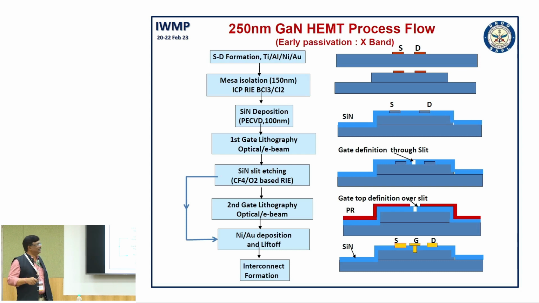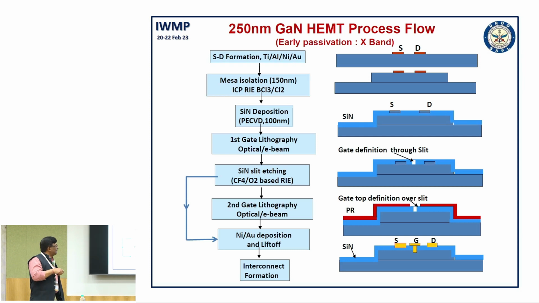So, we do passivation early and then define the gate through electron beam lithography, and we are calling it a slit, and then etching the slit gates through this electron beam defined dimension through silicon nitride, and then doing second gate lithography to define the head, and then we are going for the metal.